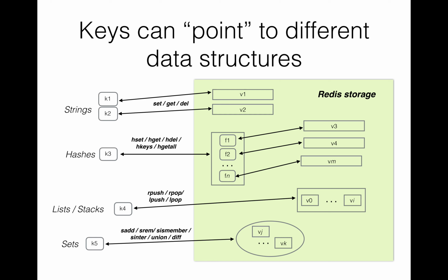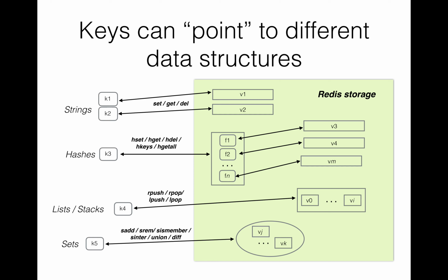So we have a two-level structure, which is more powerful and flexible. Then we have a structure like a list, which allows inserting and removing elements at each end of the list. So it can be a LIFO, FIFO, it can be a stack. You can access by index in the middle, etc.